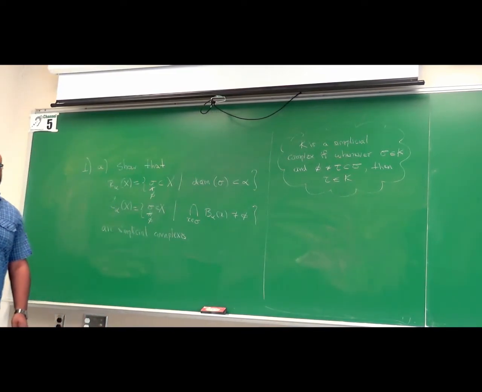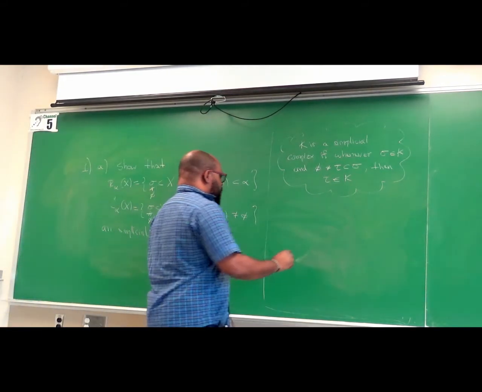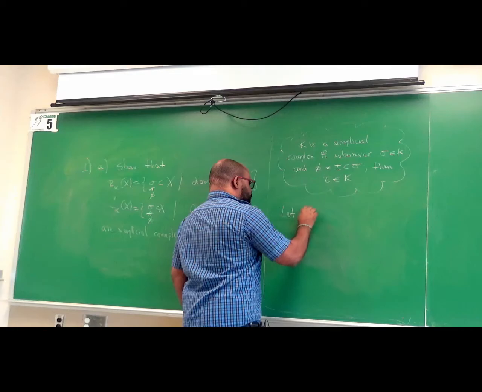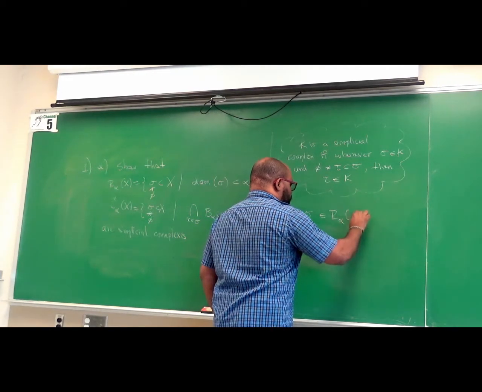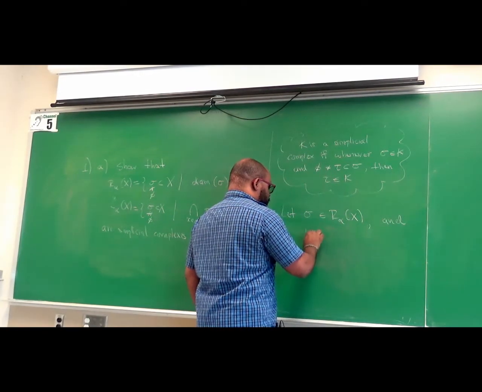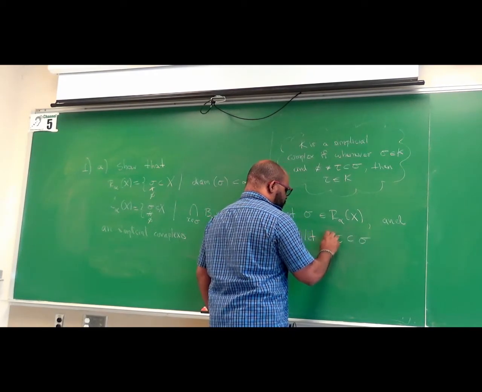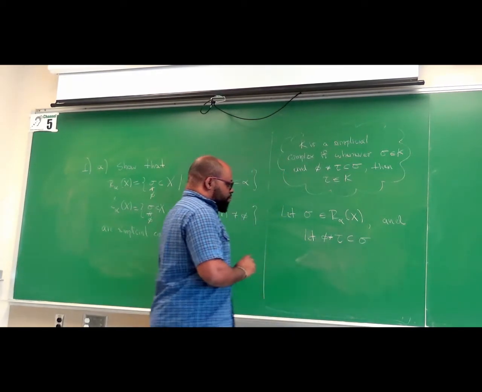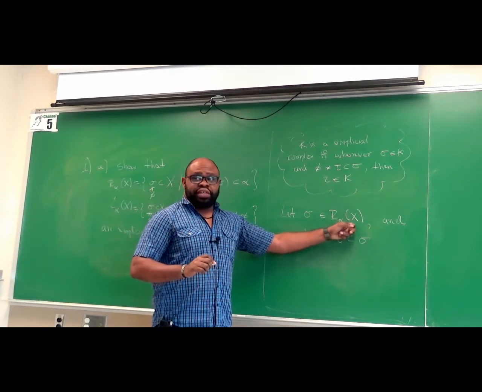So it's closed under taking non-empty subsets. So let's do it for this guy. We're going to let sigma be in the Rips complex, and we're going to let tau be a non-empty subset of sigma. What we have to show is that tau is in here.